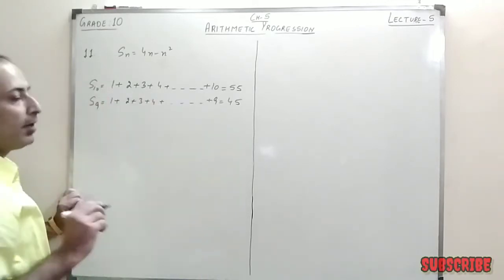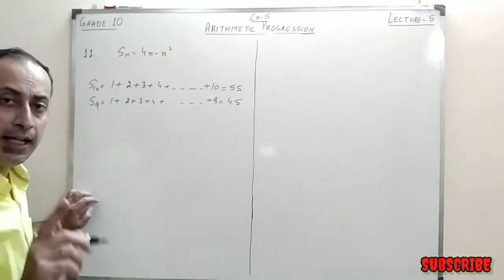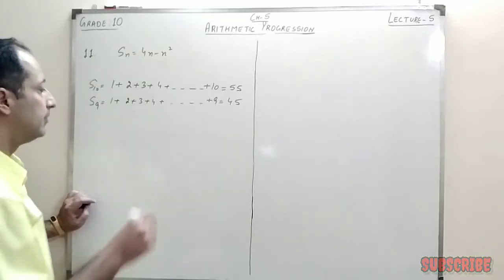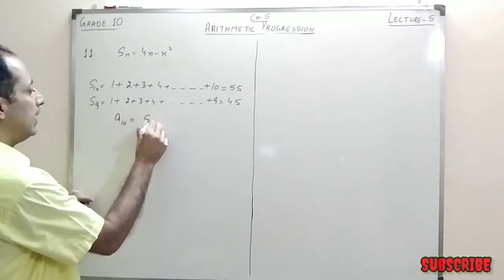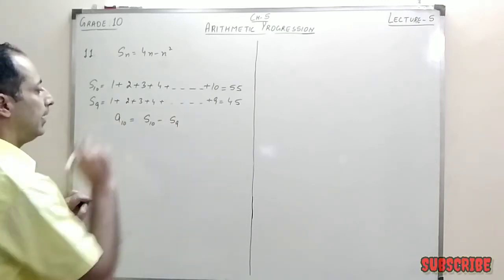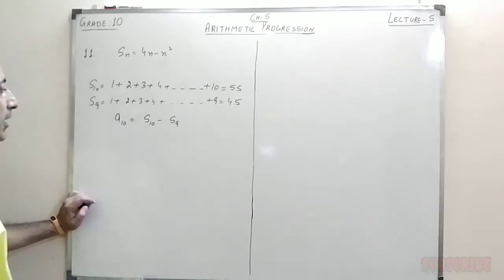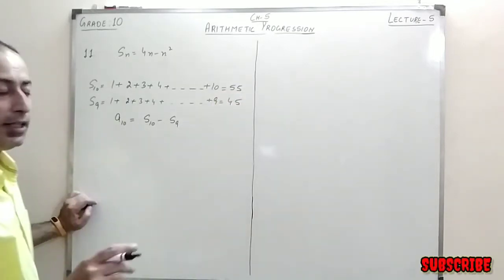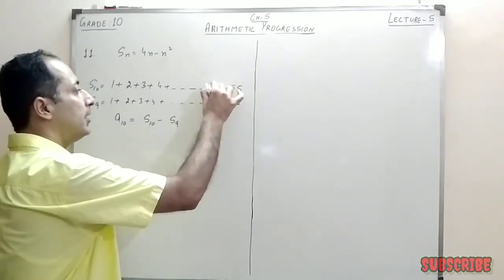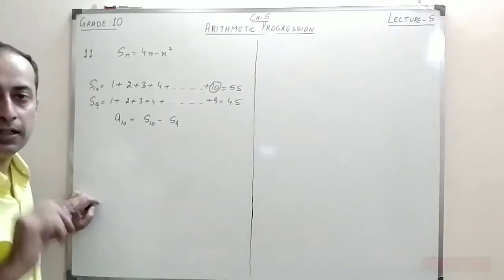Right? Now, if I have to find A10, that is the 10th term, can I do it this way? S10 minus S9? Because if you subtract these two, 55 minus 45, obviously that will be 10, and our 10th term here is 10.